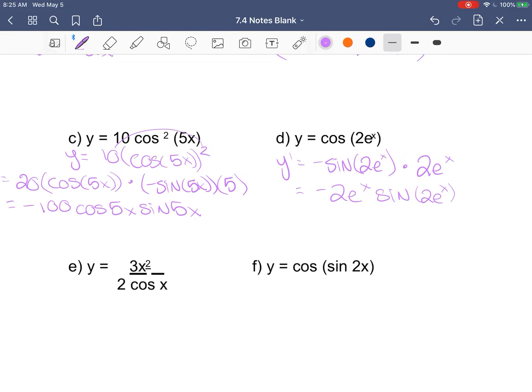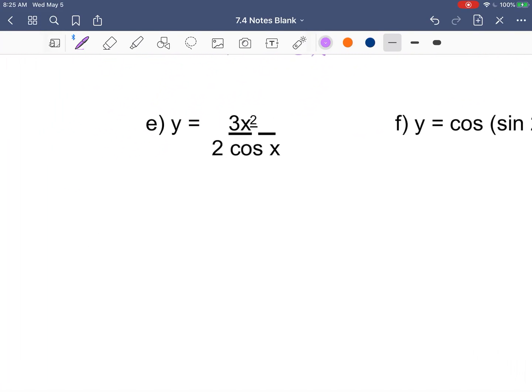For E, personally, I am usually not a fan of the quotient rule, but in this case, just because we're starting to deal with more complex stuff, you know what, I may dabble in it.